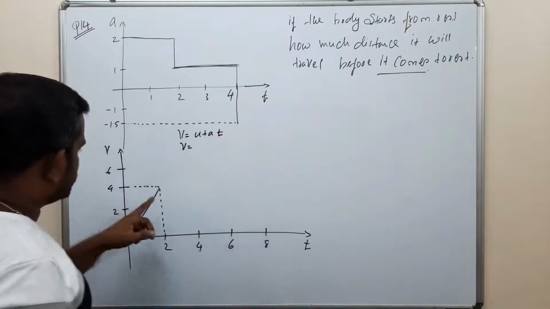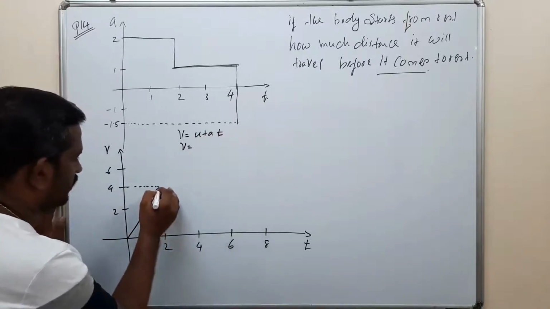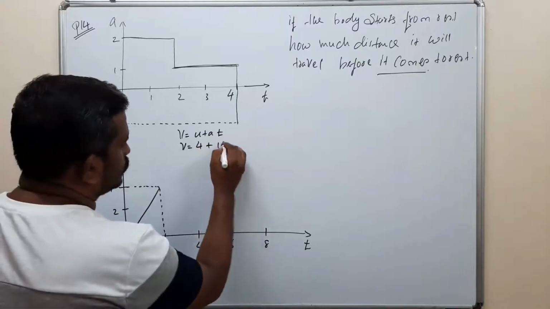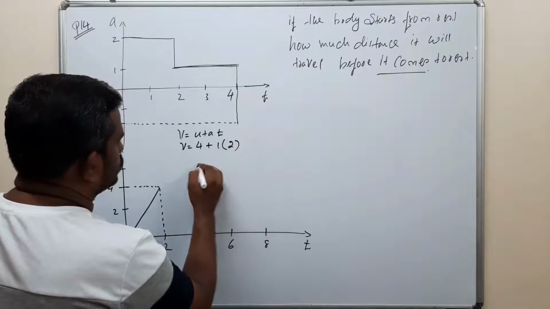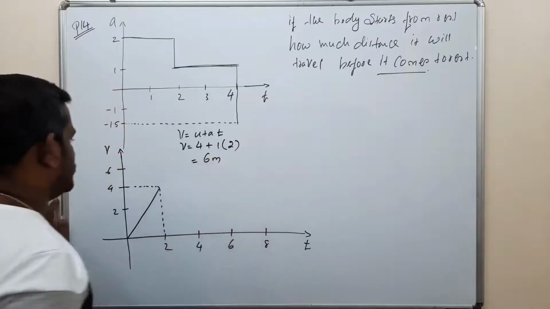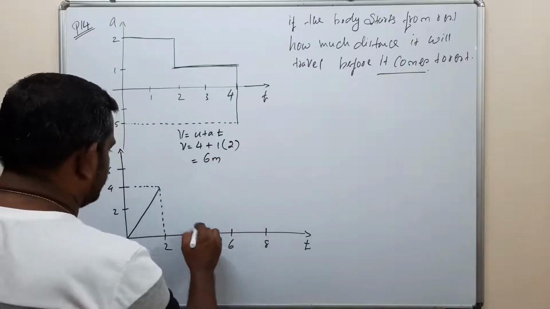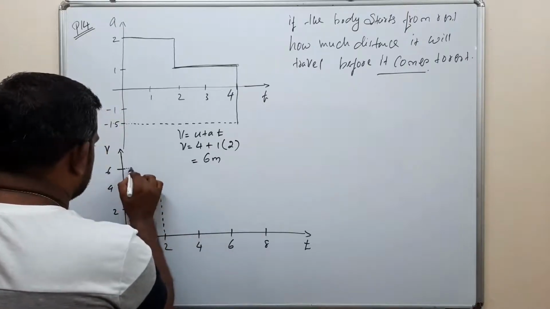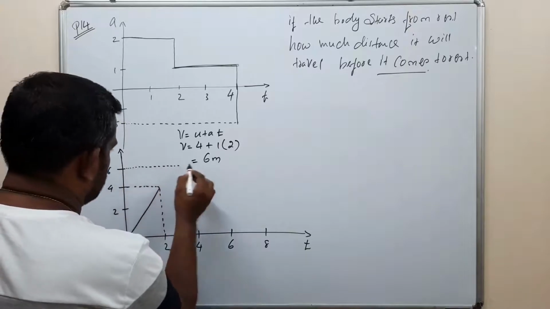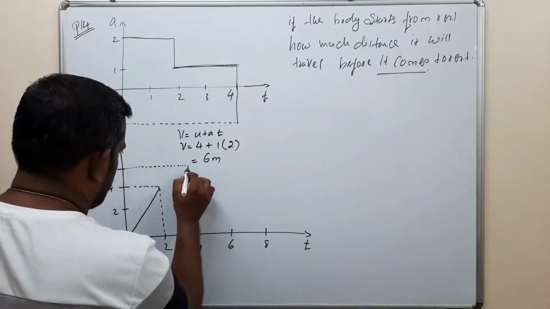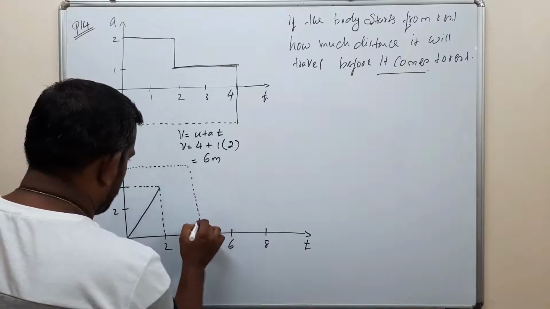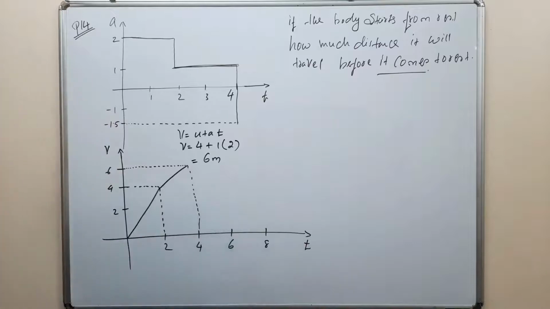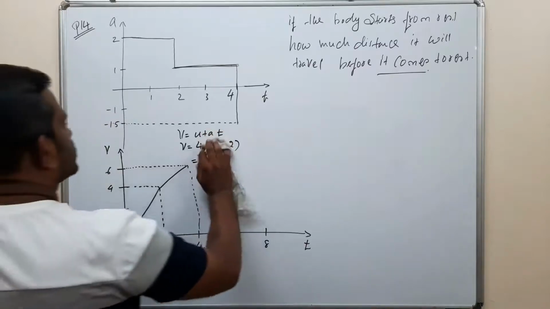Initial velocity from this point is 4, plus acceleration 1 into time 2. So that's equal to 6 meter per second. So at time 4 seconds it moved with a velocity of 6.